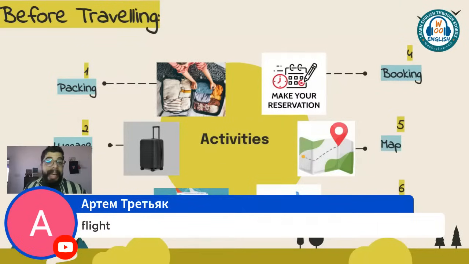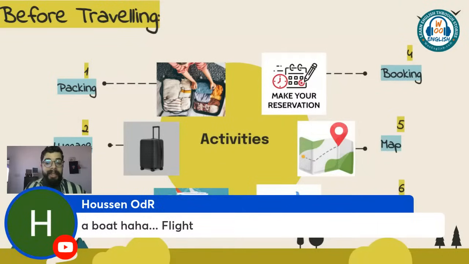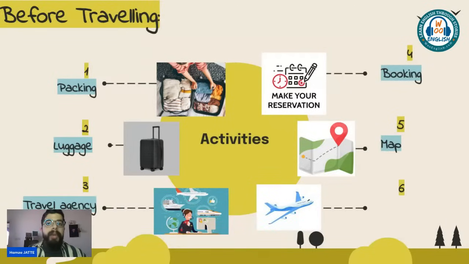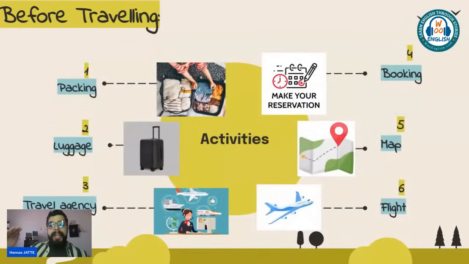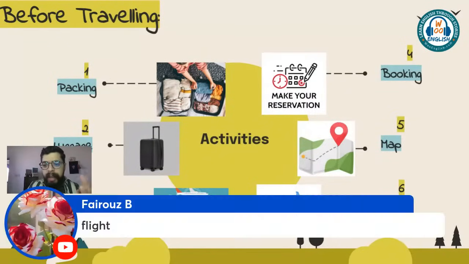Artyom, flight. And Hussein, flight. Great. Okay. This is the word I'm looking for, which is flight, right? It's a flight. So flight basically is when you travel by airplane. Okay, Feiruz, Sophie, all got it.